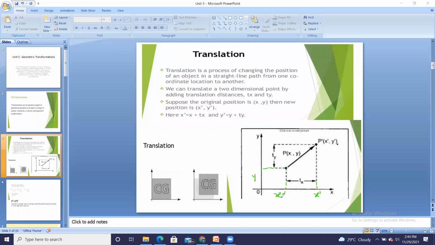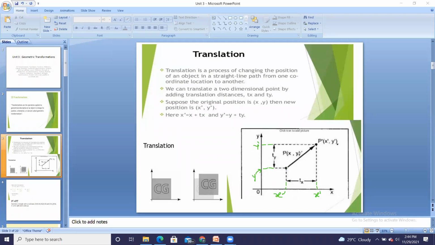This point is x and this point is x dash. The difference between these two is considered as tx. Similarly, the original y is this value y, and the new value is y dash, which is lying at this point. So I am having y and y dash as my original and new y coordinates of the point.